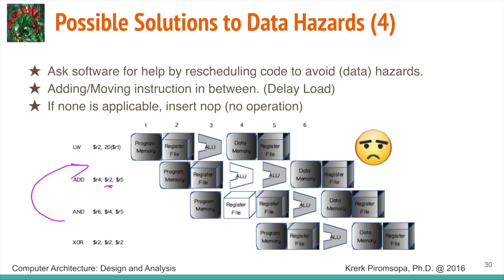That way, we can avoid the R2. We call this kind of solution delayed load, meaning you try to move some instruction that doesn't have to use this register in between. So you indirectly postpone it for one cycle.